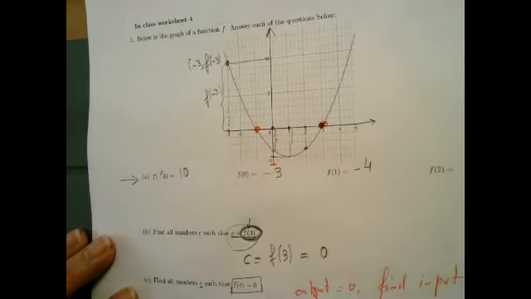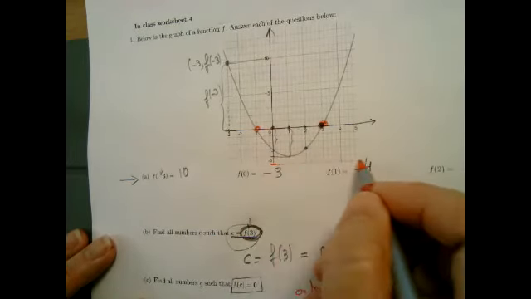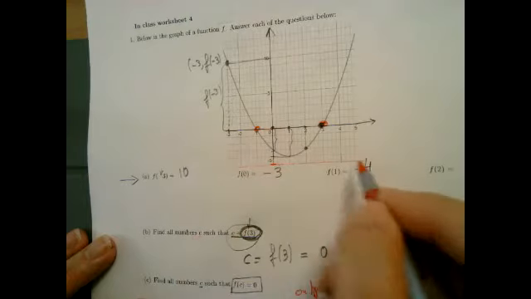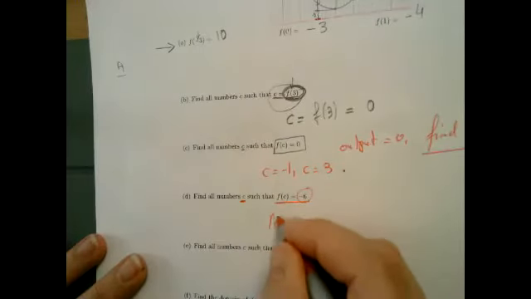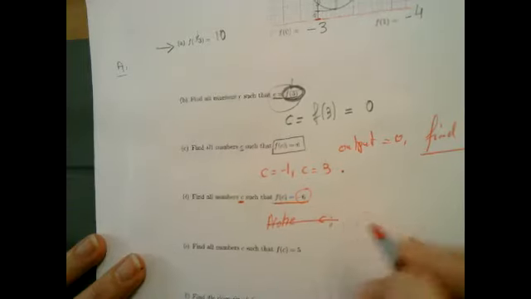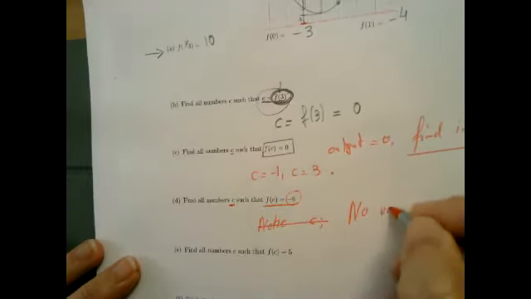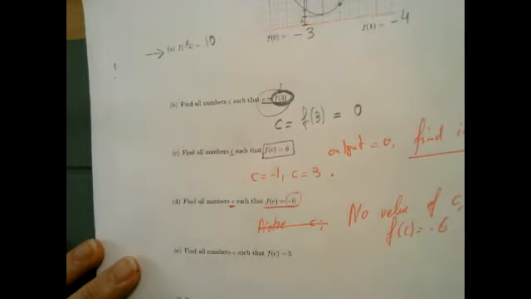Output values are on this axis. And I want to find every input. Okay, there is none. Because the graph tells me there is none. So the question is not possible, and the students are absolutely right: there is no value of C such that f of C is -6.